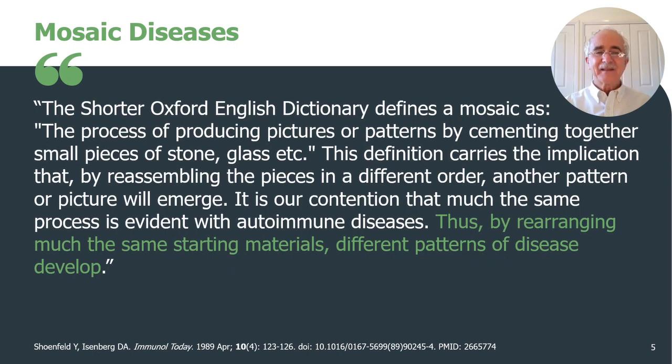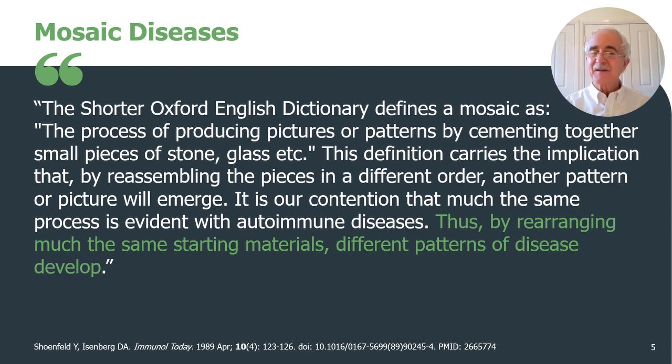He says, for example, in this 1989 paper, the shorter Oxford English Dictionary defines mosaic as the process of producing pictures or patterns by cementing together small pieces of stone, glass, etc. This definition carries by implication that by reassembling the pieces in a different order, another pattern or picture will emerge.